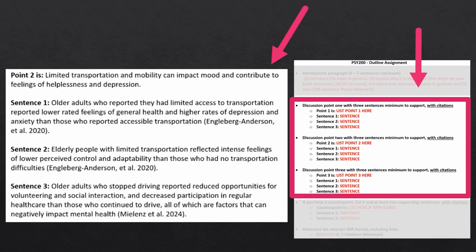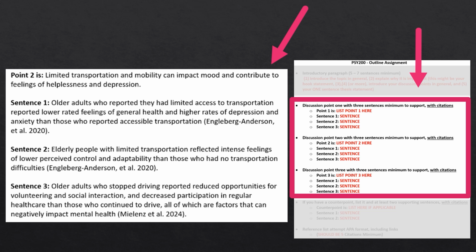My second sentence, elderly people with limited transportation reflected intense feelings of lower perceived control and adaptability than those who had no transportation difficulties. It's giving me a piece of evidence to talk about that not only is it kind of sad to not have transportation or be able to go where you want when you want, they're identifying this gave them a feeling of a lack of control and a lack of being able to adapt to situations because of transportation difficulties.